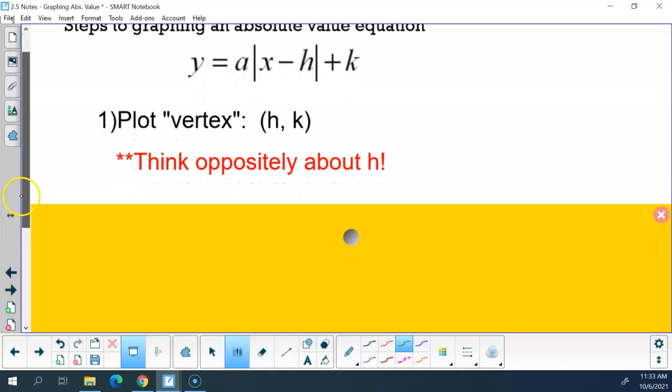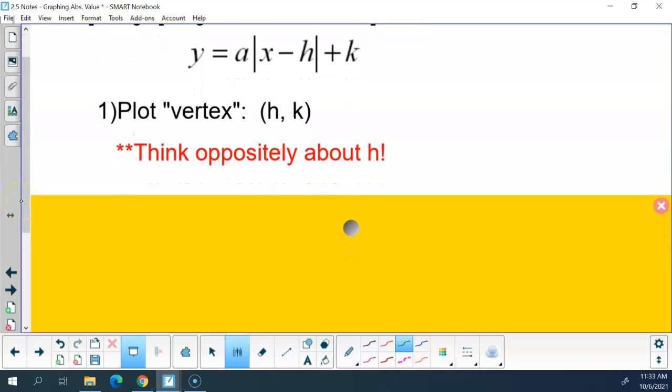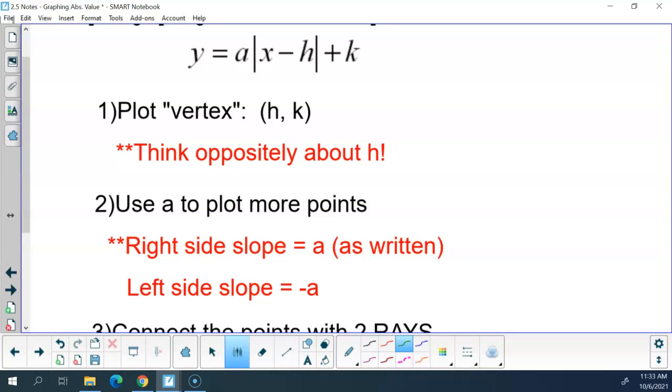Then, the nice part about this formula is that the slope of the right side is a, as it's written. So whatever your a value is, that's going to be the slope of the right half of your function.